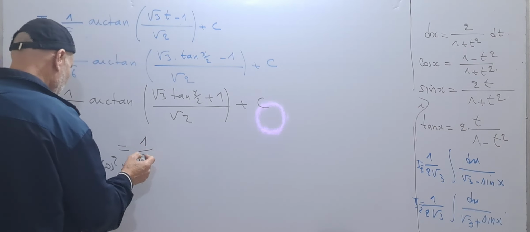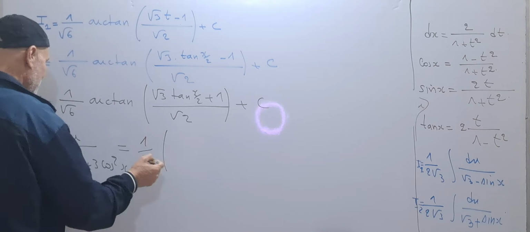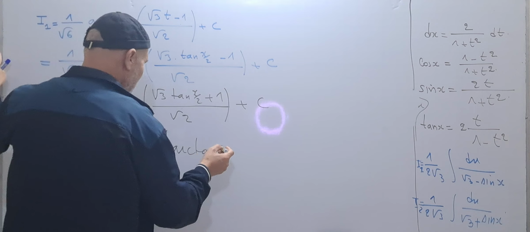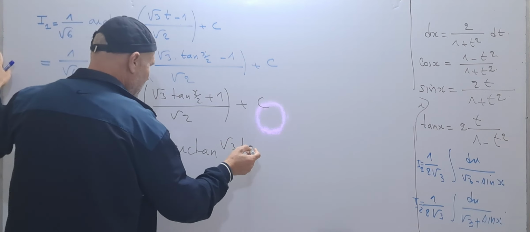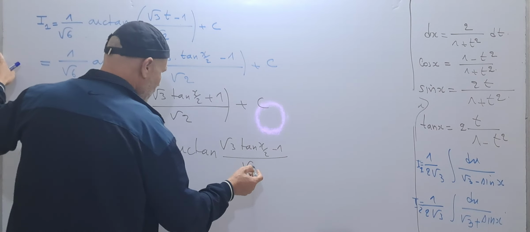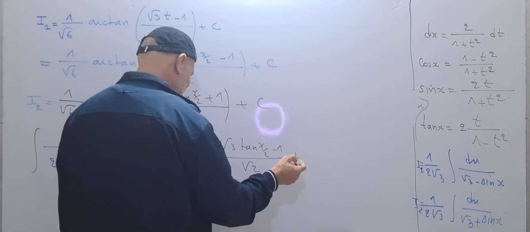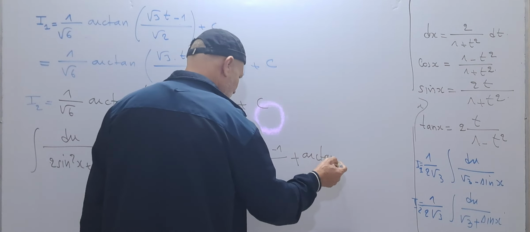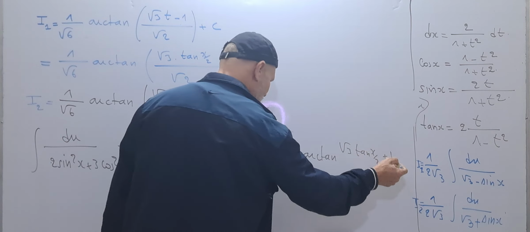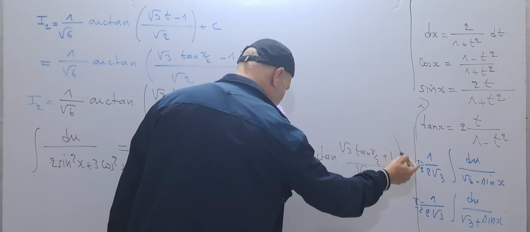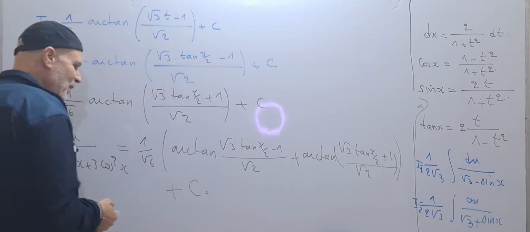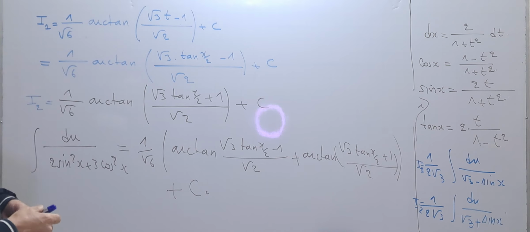So this is equal to 1 over the square root of 6 times arc tangent the square root of 3 tangent x over 2 minus 1 over the square root of 2 plus arc tangent the square root of 3 tangent x over 2 plus 1 over the square root of 2 plus a constant. This is the final result.